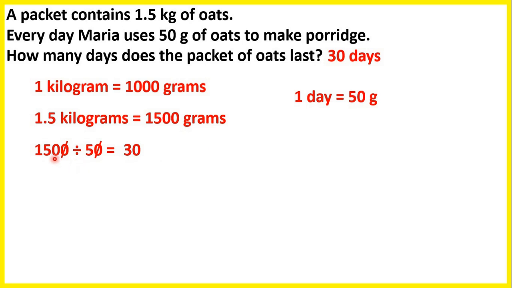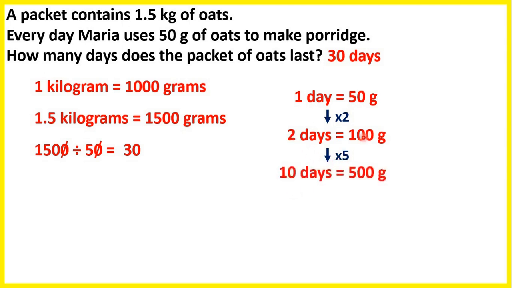So we know that one day she will use 50 grams, and if we multiply by 2, that means in 2 days she uses 100 grams of oats. We can multiply that by 5, so 2 times 5 is 10, and 100 times 5 is 500.